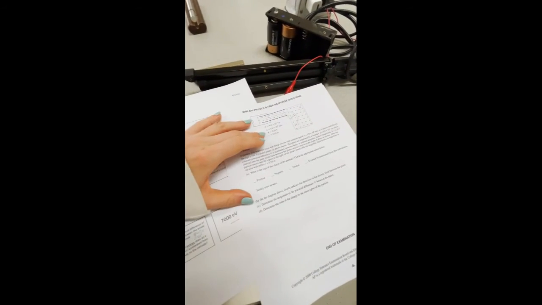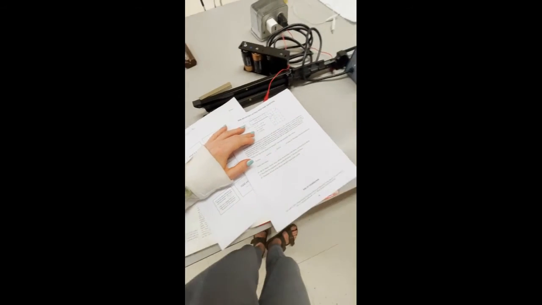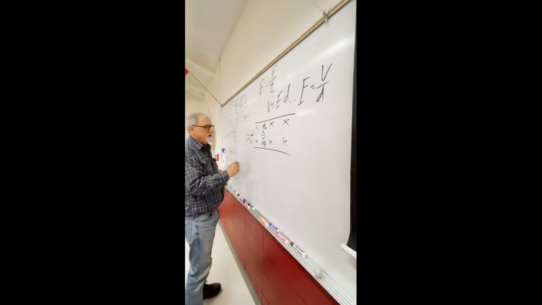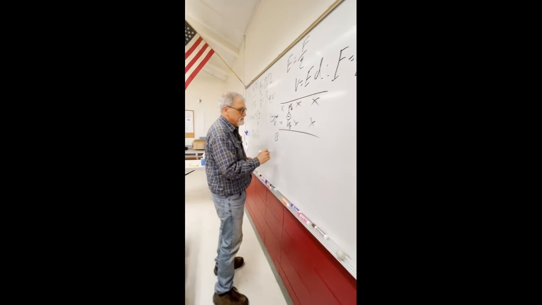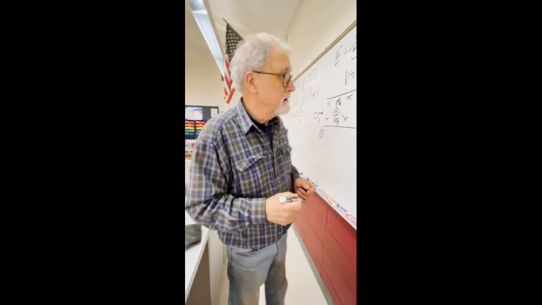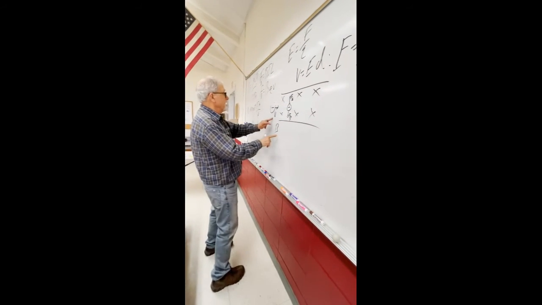I thought I saw volts. Oh wait, constant potential. Okay, so it's not going to be that easy. But here's the deal. We've got this velocity, and we have the intensity of B, don't we? Do they give us B? Yeah, 0.2. So we've got velocity. We've got B.